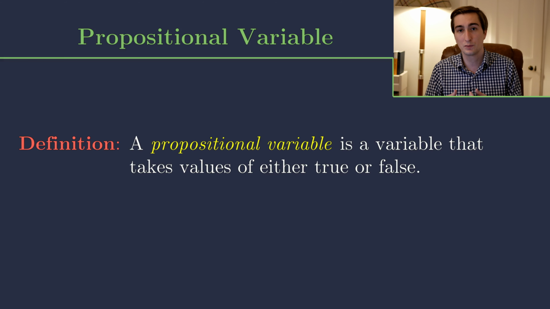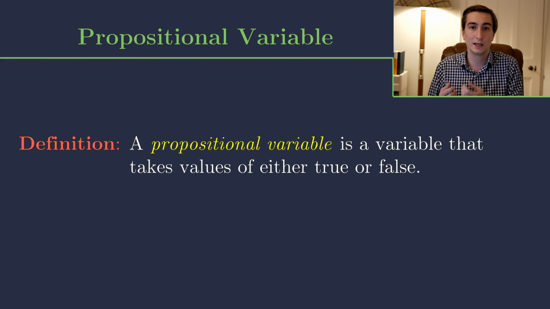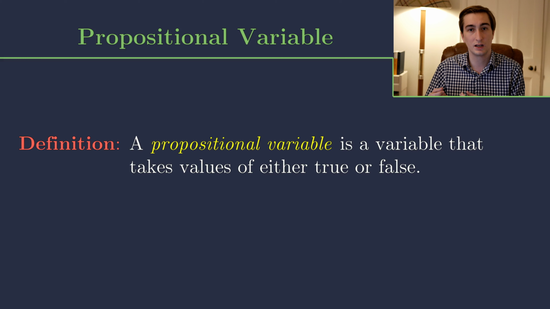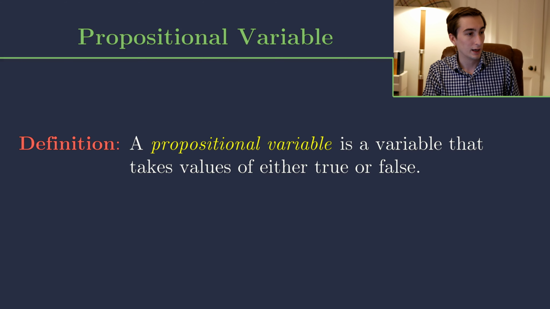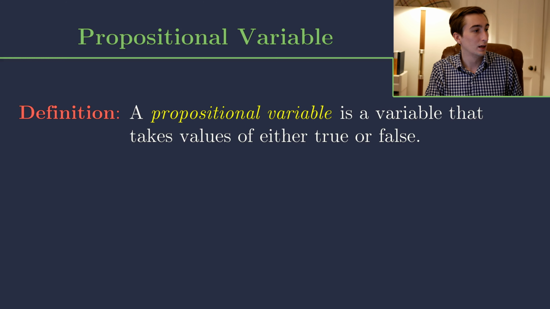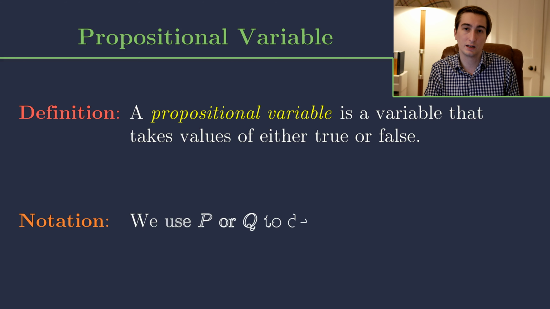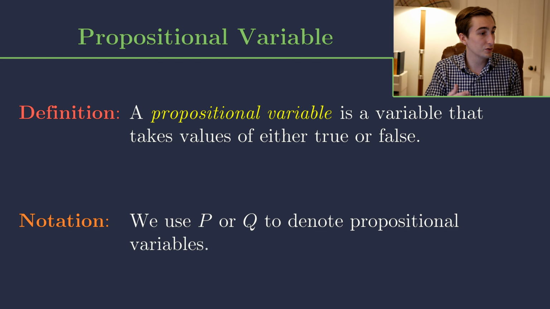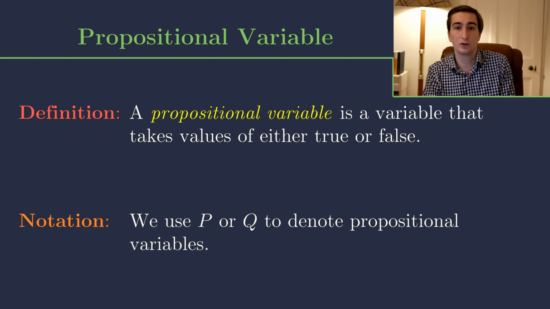This might seem rather abstract, but it's no more abstract than saying x and y run over the space of numbers. Instead of running over numbers, we're running over propositions. And much like x and y are the standard notation you used in school, in propositional logic we have a standard notation for a propositional variable, at least for this course: we will use a capital P in general, or capital Q, to denote a propositional variable.